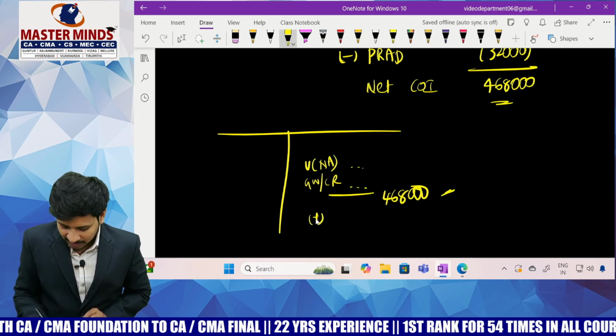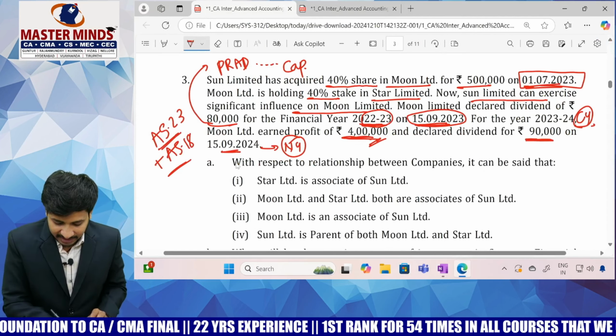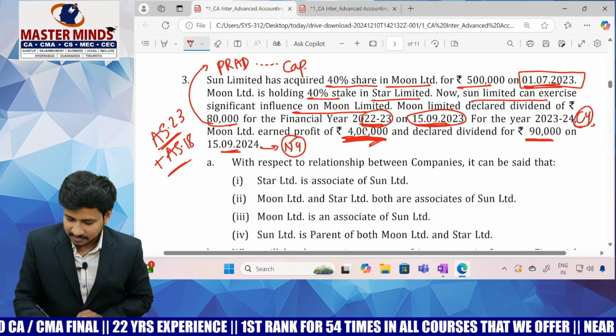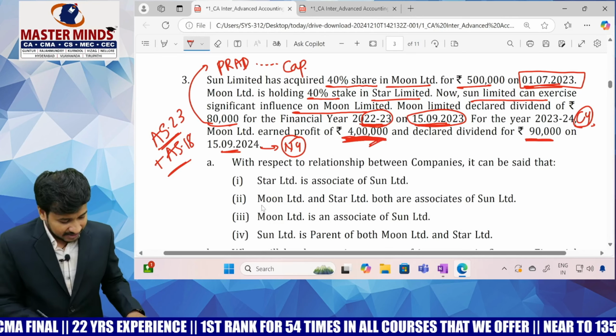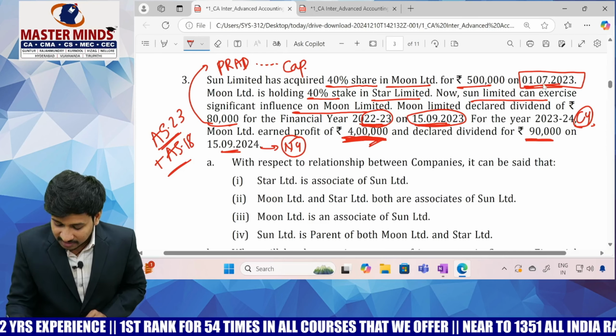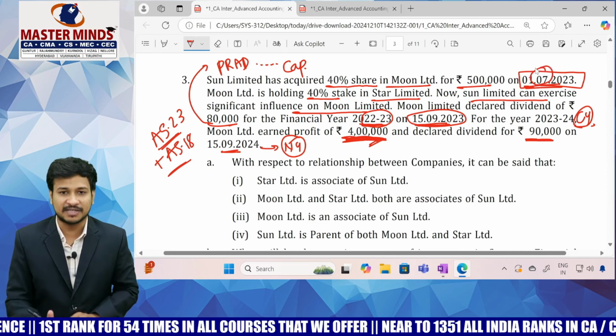And for this, you have to add the current year net profit. The net profit for the current year is actually rupees 4 lakhs. But take more care, my dear children. Out of rupees 4 lakhs, you have to consider it as revenue only from 1/7 because the date of acquisition is only from 1/7.